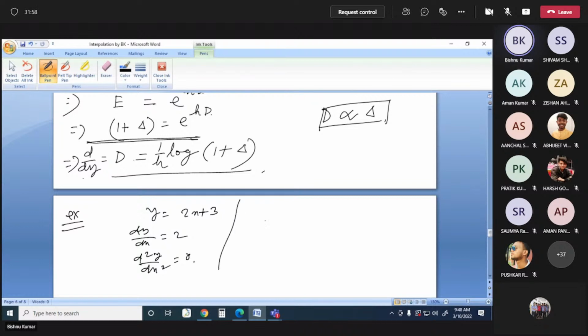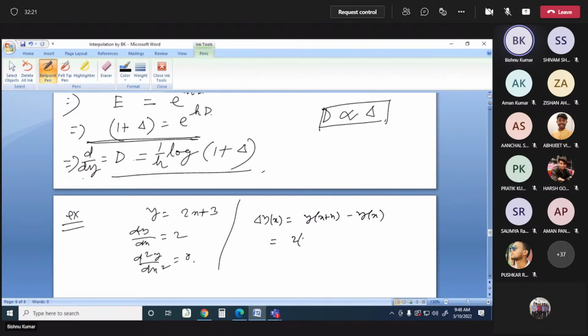So if I calculate del y, it will be y of x plus h minus y of x, where y is a function of x.